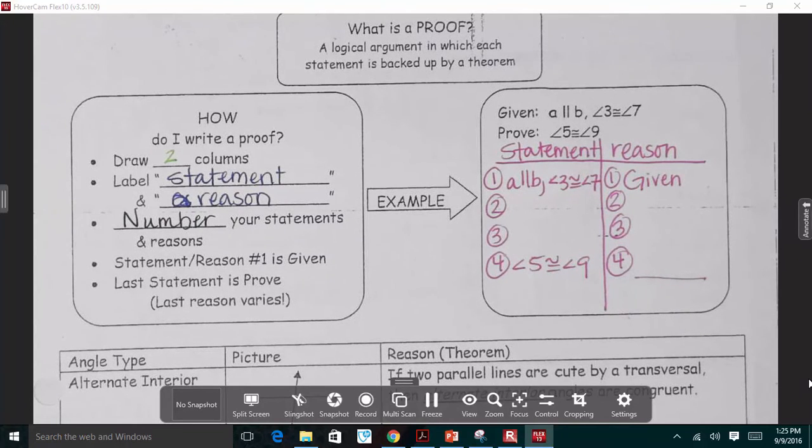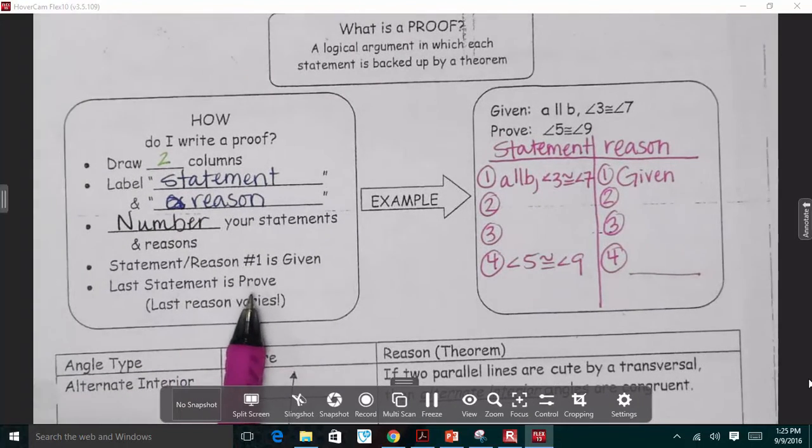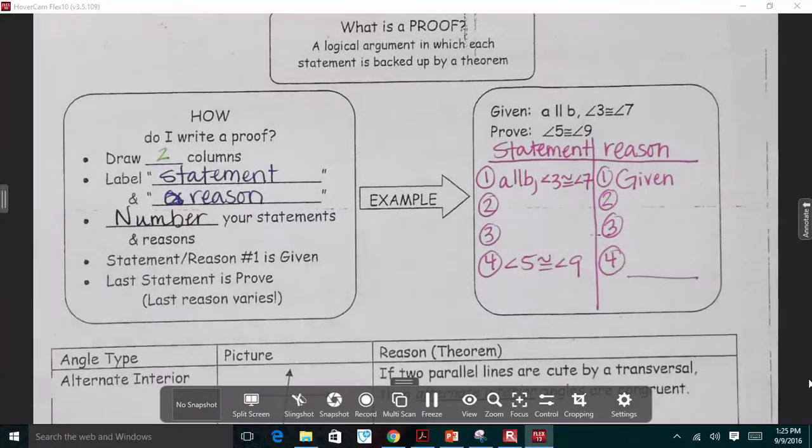Are there any questions about how we set it up? Where? Because right here it says the last statement is proof. So our last is number 4.